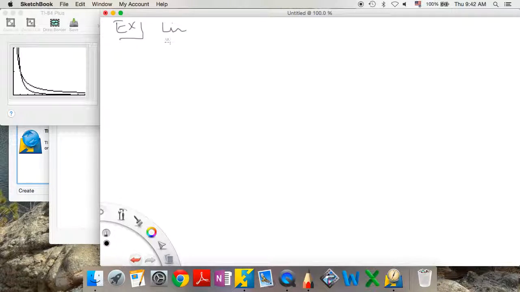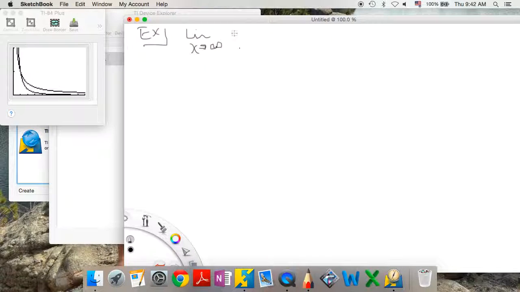So if we have the limit as x goes to infinity of 1 over x cubed plus 8.